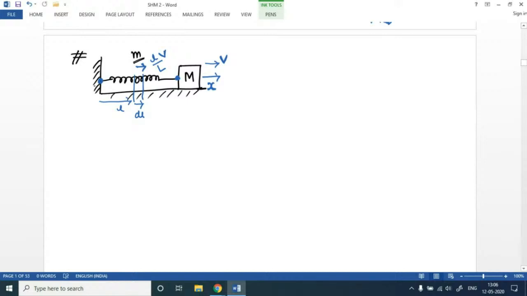In order to find the kinetic energy of this spring, I'm trying to find the kinetic energy of the spring first of all. So the kinetic energy of this small element would be half times dm times the square of the speed of this element, which we have written as l by L into v.